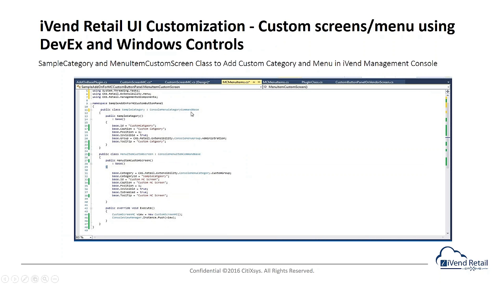Console menu category command base is the class which you have to inherit. This way I have defined a category, named it custom category. I can provide which position I want in my management console, under which group I want this to be shown.